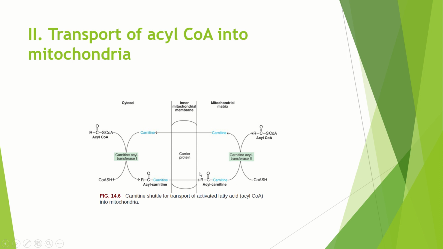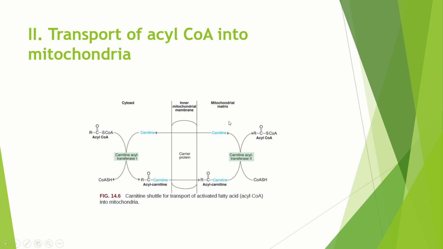Here it is split into carnitine and acyl CoA with the help of coenzyme A and carnitine acyl transferase 2. So carnitine is again released and activated fatty acid is also formed in the mitochondrial matrix.